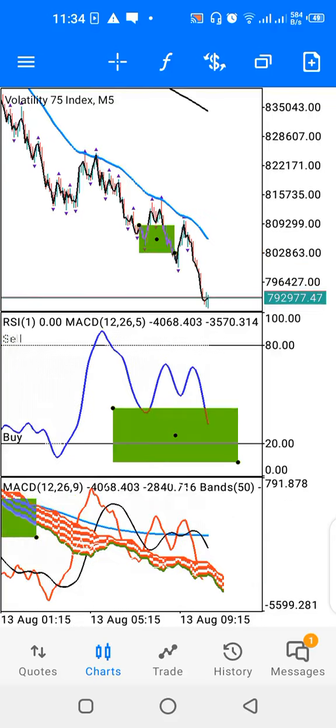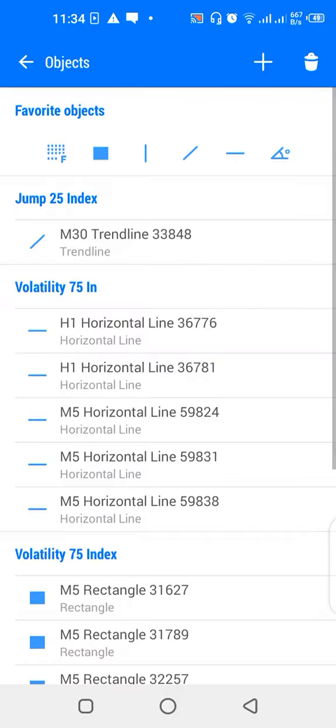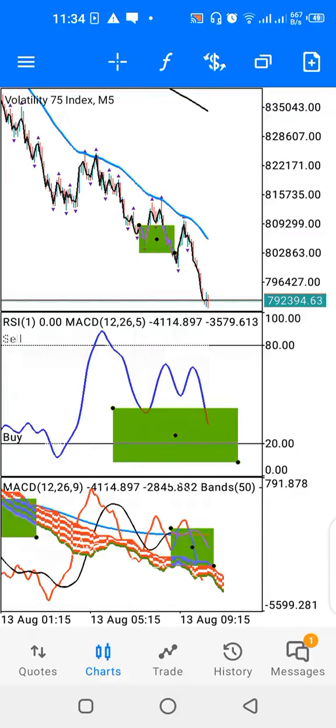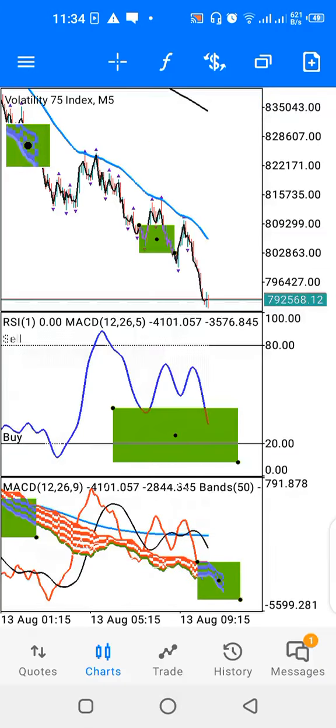Okay, and you can still see it trying to go below the Ichimoku around here, turning downwards. So we expect more slide for the price of the volatility 75 index.